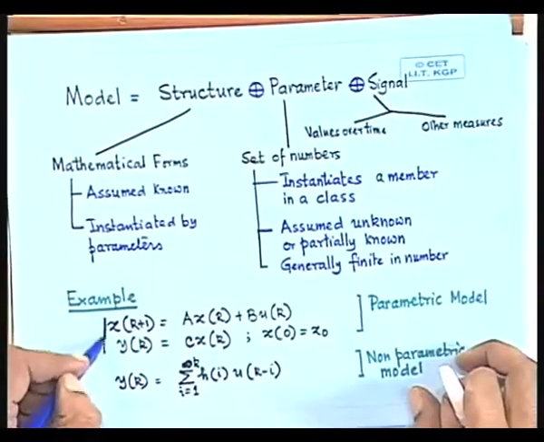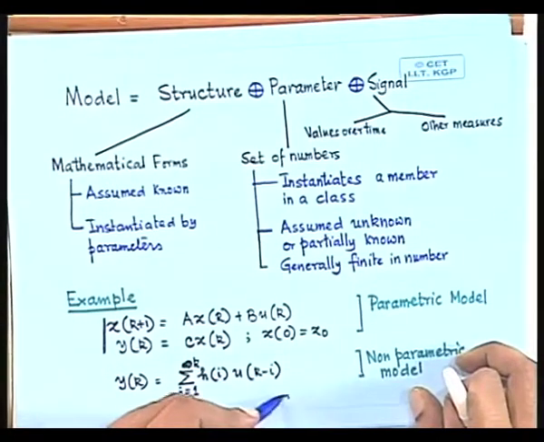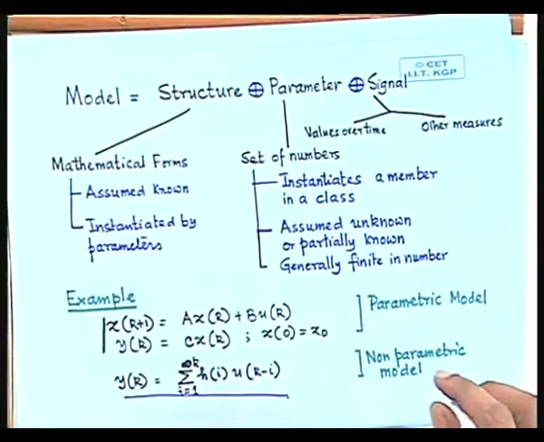On the other hand, there are some model forms in which there are still parameters, but those parameters are very large in number, so they are not really called parameters. Such models are called non-parametric models. For example, the same system is either described like this or described in terms of its impulse response. Now the impulse response could very well be of infinite duration; it does not come to 0.